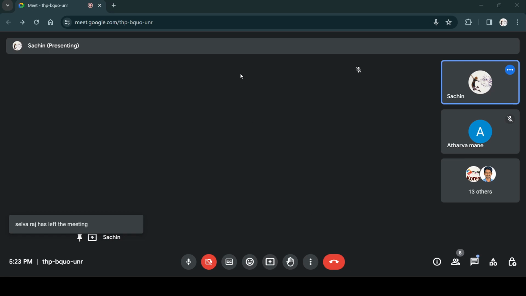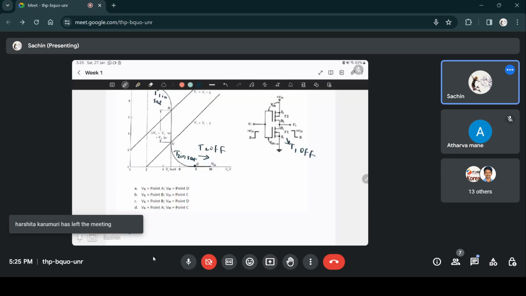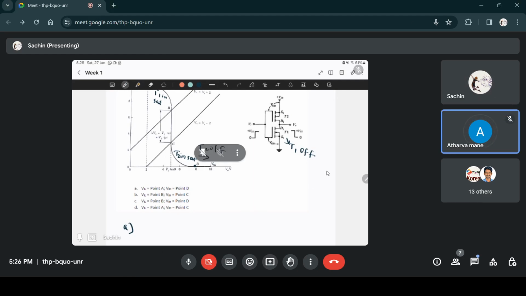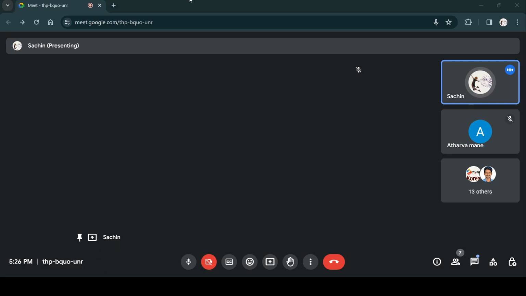Actually, the field I'm working in has nothing to do with digital electronics. But I'm teaching this course because I studied ECE long back, so I still have some knowledge. But exactly how these transistors work, I've already forgotten. So one thing you can do is, let me see, there should be a discussion page or something, right?